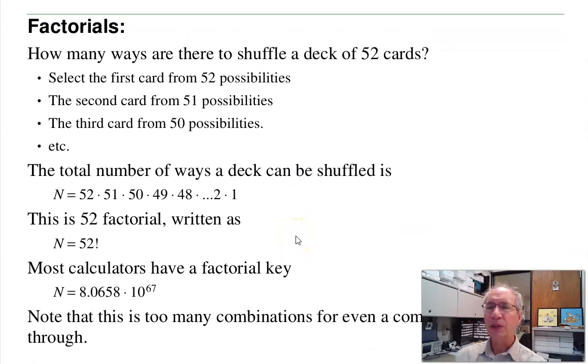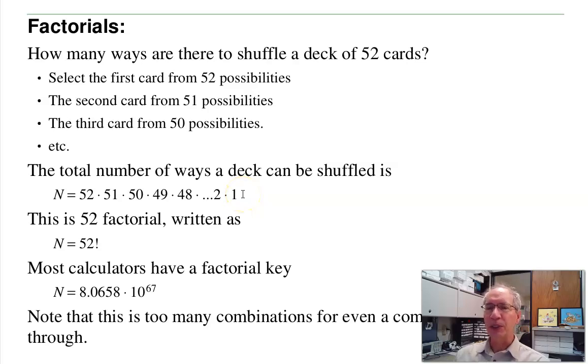So let's start out with how many different ways I can shuffle a deck of 52 cards. Well, the top card on the deck has 52 possibilities. The next card has 51 possibilities. The next card has 50, and so on. So the number of ways I can shuffle a deck is 52 times 51 times 50 times 49 times 48, all the way down to 1.